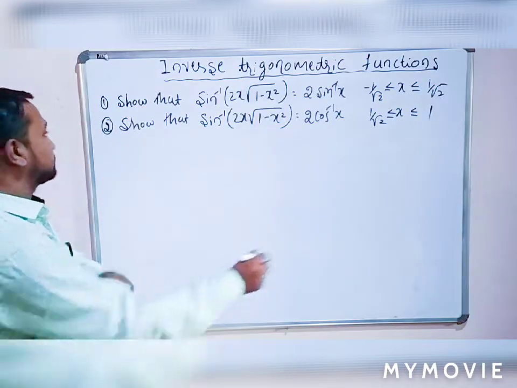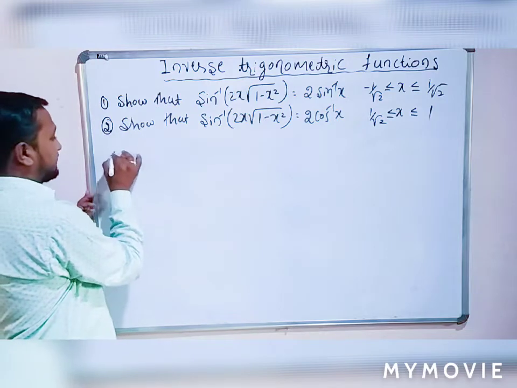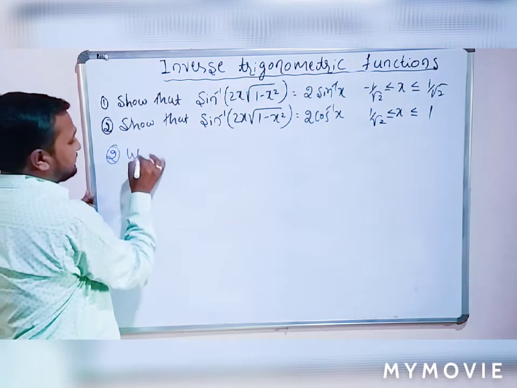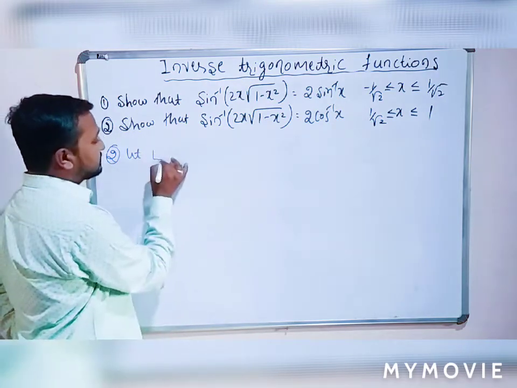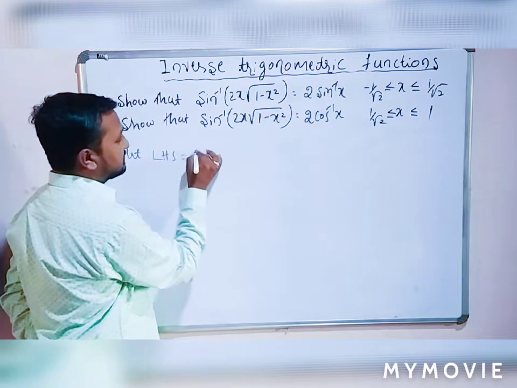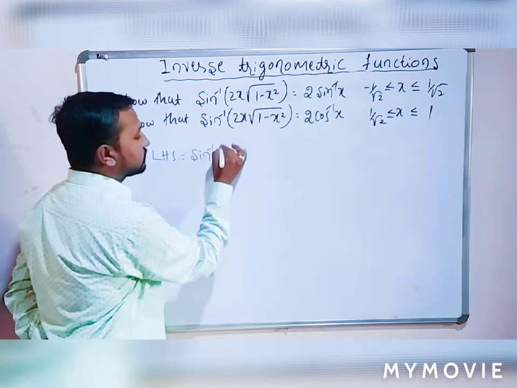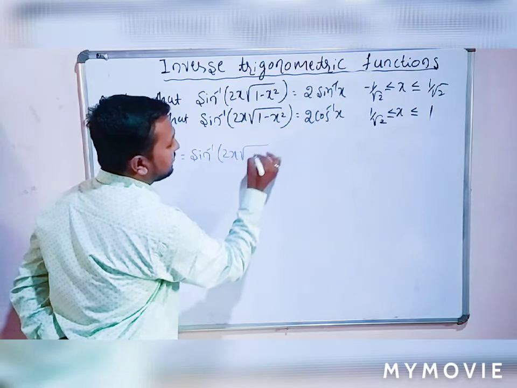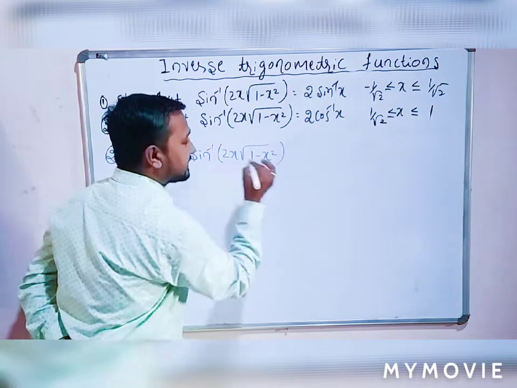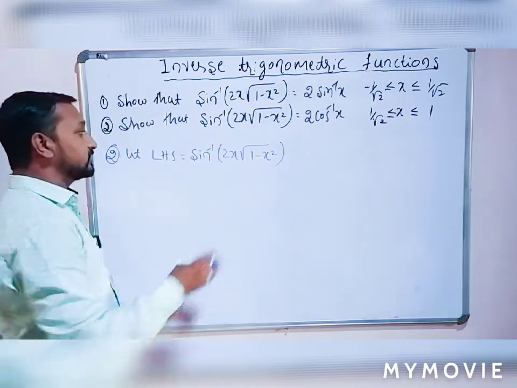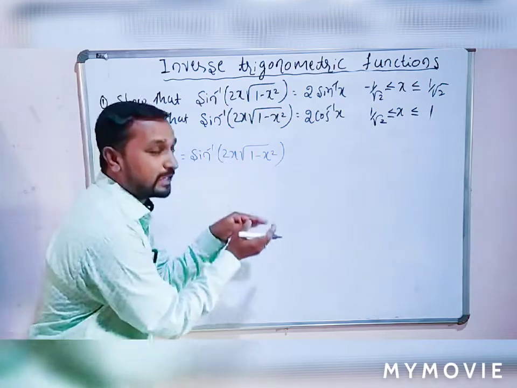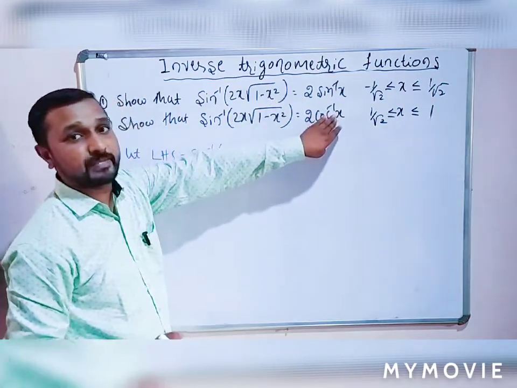Let us solve the second one. First we take the LHS of this example, which is sine inverse of 2x into root of 1 minus x square. Using this, we have to show that it equals 2 cos inverse of x.